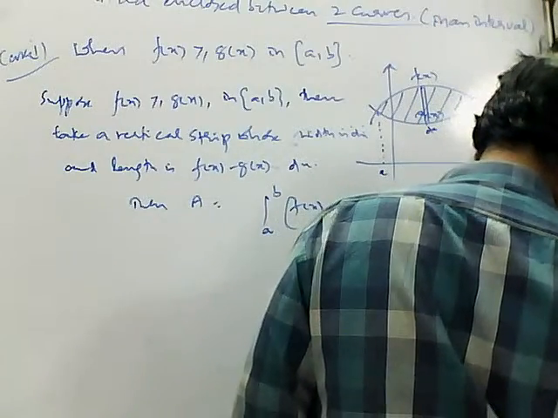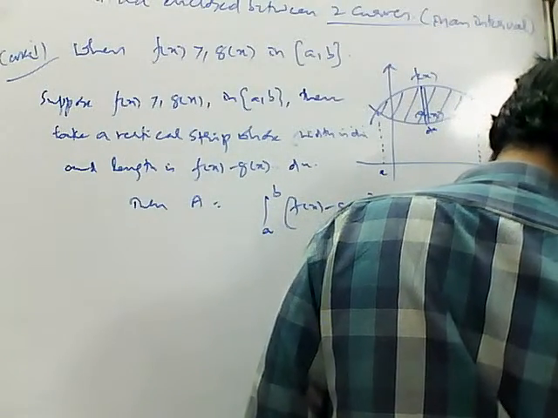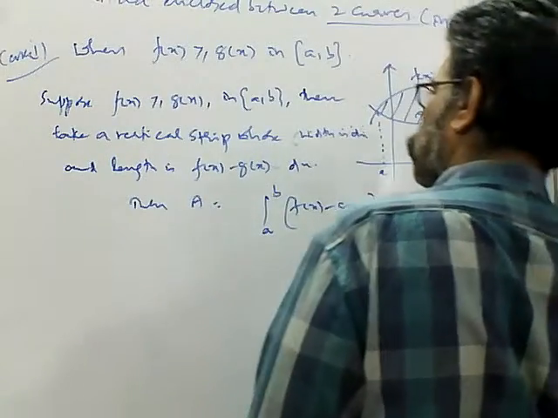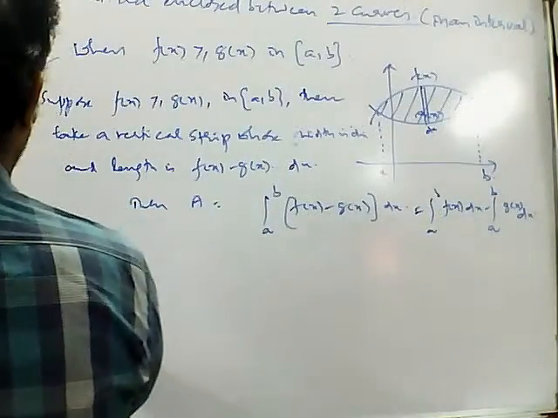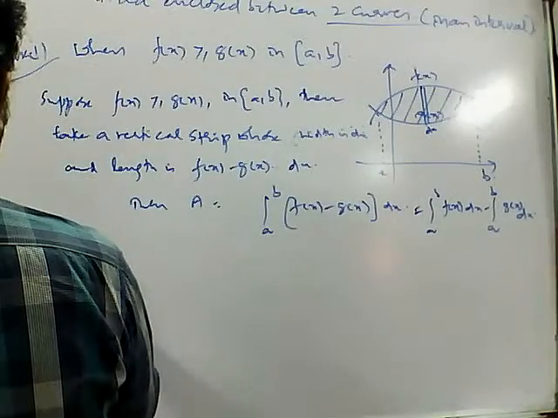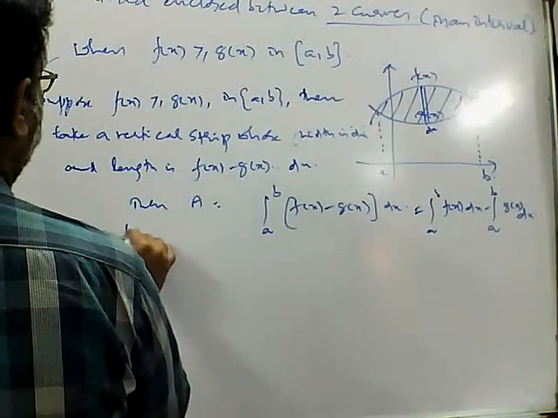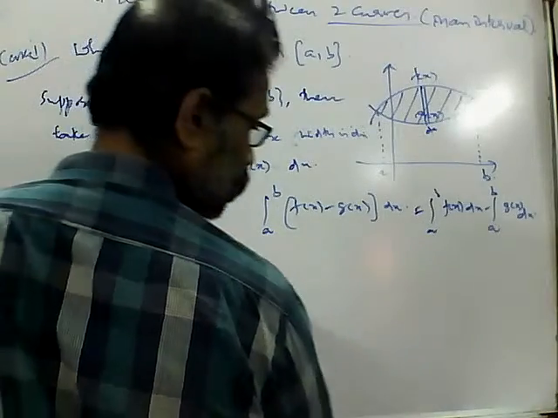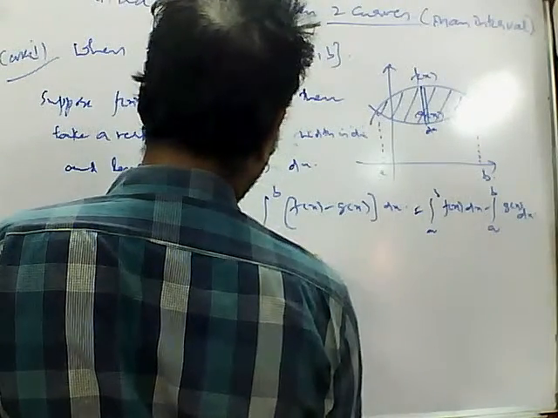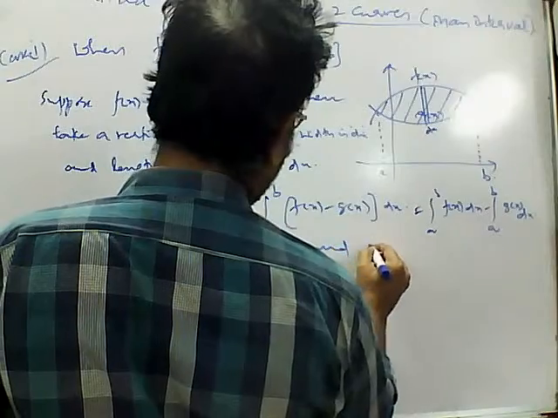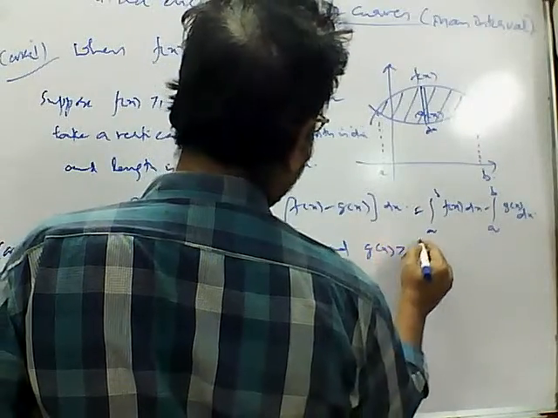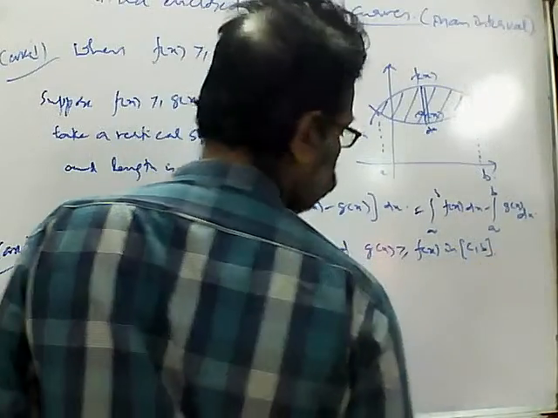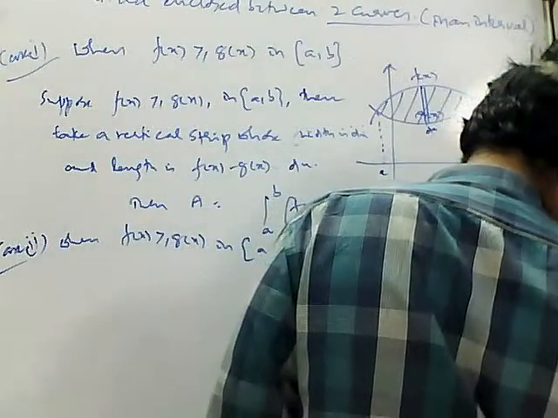Next is case 2. When f of x is greater than or equal to g of x in a to c, and g of x is greater than or equal to f of x in c to b. Suppose the curve is like this.